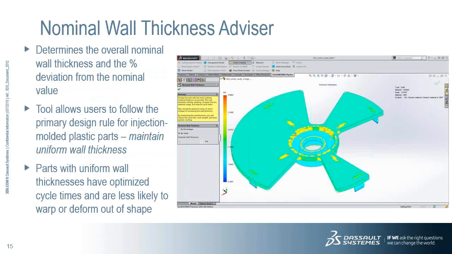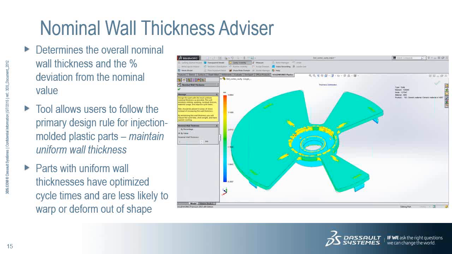And also, the nominal wall thickness advisor determines the overall nominal wall thickness and the percentage deviation from the nominal value, which helps me in designing. The primary design rule for injection molded products is to maintain uniform wall thickness, because uniform wall thickness leads to uniform filling patterns, pressure distributions, cooling times, shear stress, and volumetric shrinkage.